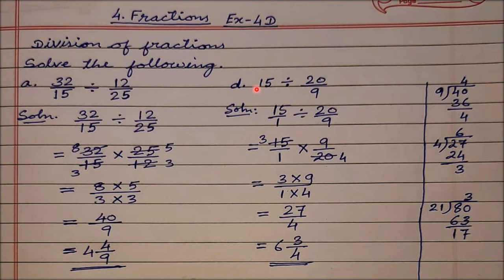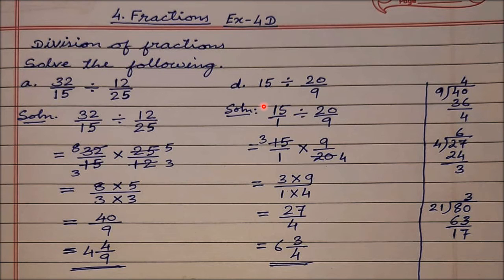So we can write 15 as 15 by 1. We can use 1 in the denominator, but we cannot use 1 in the numerator because that will change the value. Value of the fraction will be changed if you write 1 in the numerator. That's why we cannot put 1 in the numerator.